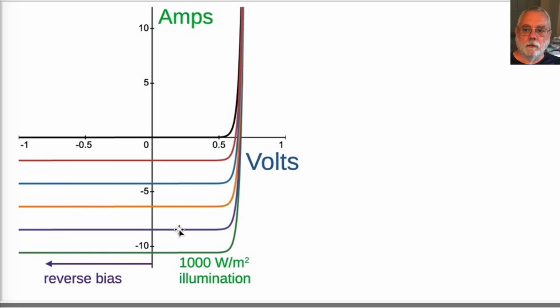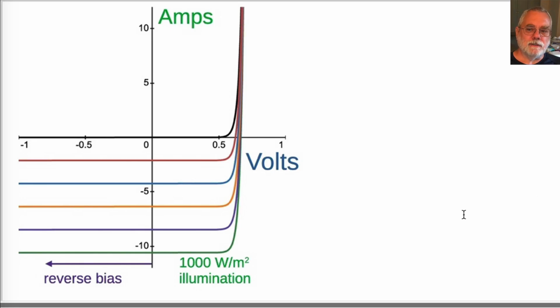The red through purple curves are for 200 through 800 watts per square meter. If these curves are totally new to you, there are good Khan Academy videos explaining the physics and electrical operation.